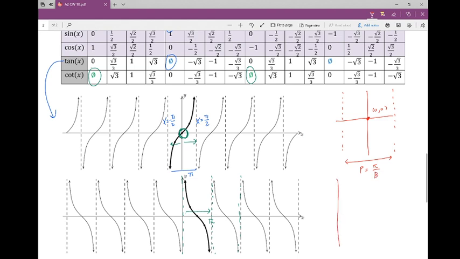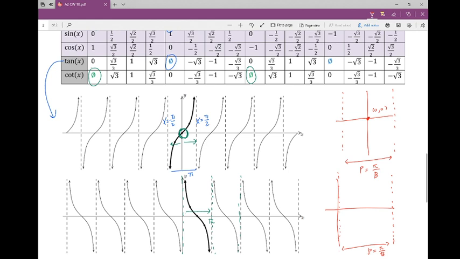In cotangent's case, we go back to how we graphed sine and cosine graphs, where we start at 0. So this will be our first asymptote, and this will be our second asymptote, and we will have a graph in between where the period is still going to be pi over b.